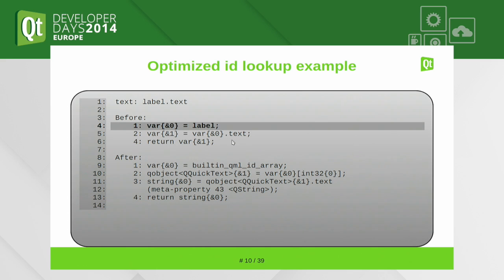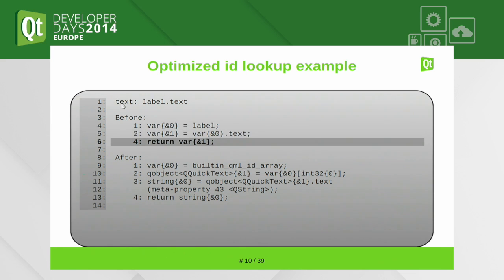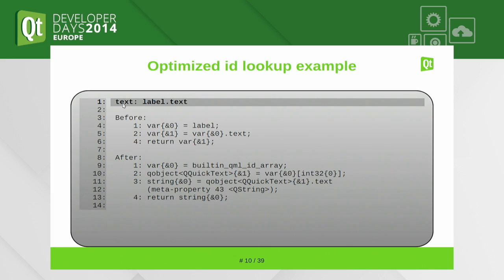So in this line, there will be a call into the QML engine that will go through this loop that we saw earlier, traversing the context chain, looking up, can we find it? Is there an object called ID? No. Is there a property called label or not? And once we have the label resolved, then we're going to ask it for its text property. It must have one, or it better have one. And then we're going to return it, and then assign it as a result to the string that we're going to show.